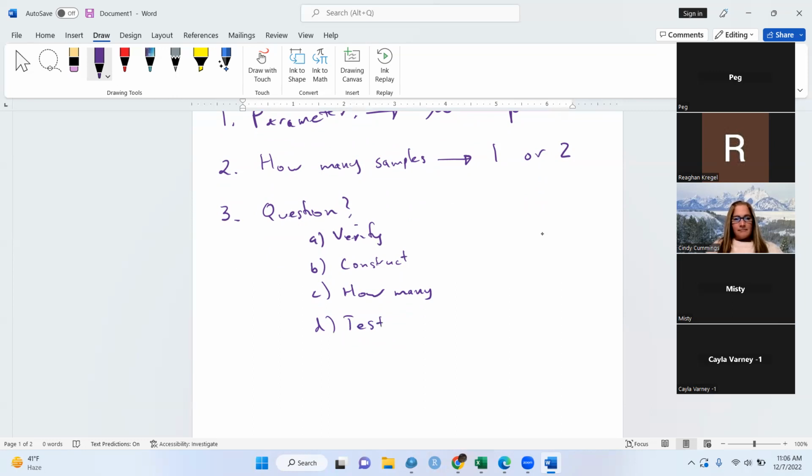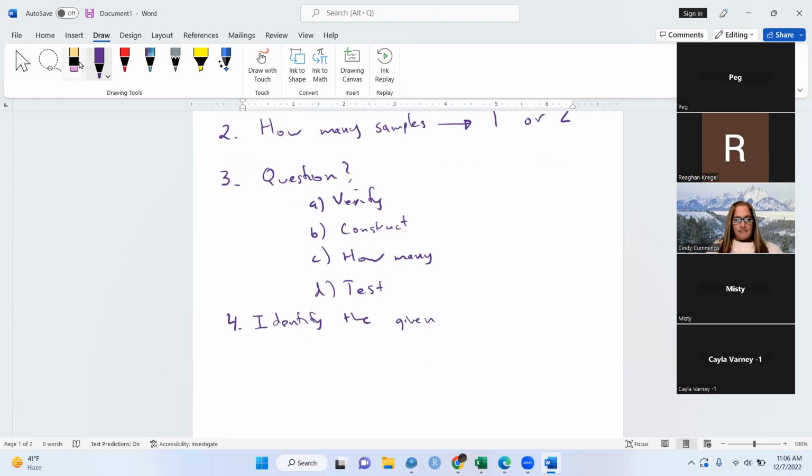So you identify the parameter, you figure out how many samples, you figure out what's the question, and then you figure out what do you need? What formula? I think how I said it last time was identify the given. And maybe we shouldn't do that.